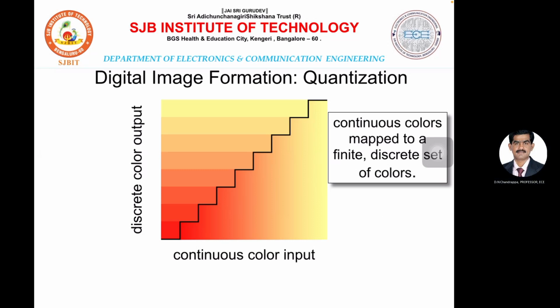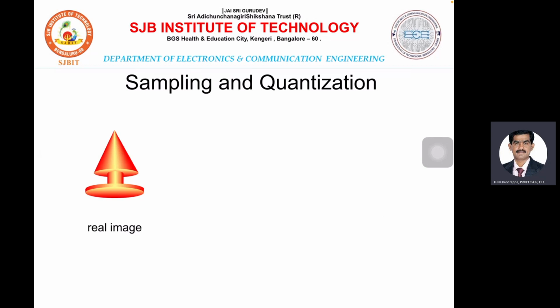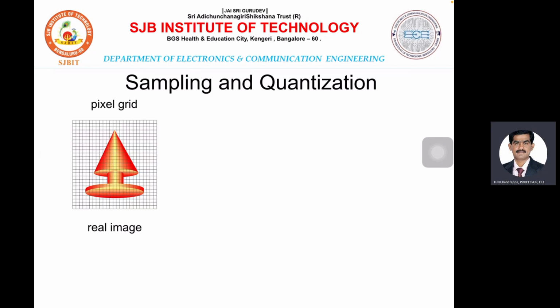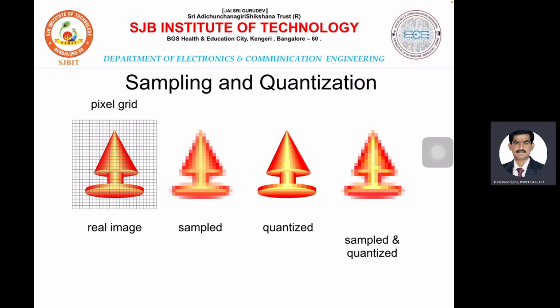These continuous colors are mapped to a finite discrete set of colors. Here is one real example. This is the real image. Look at the pixel grid, the pixels to be considered, sampled, and then the quantized image, sampled and quantized.